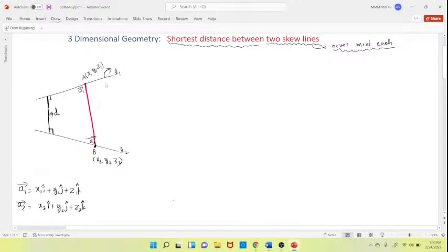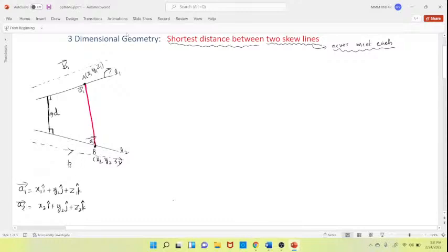We know from previous concepts the line passing through the point A and parallel to a line. So let us take one more line here, b1, which is a line parallel to the line L1, and consider one more line b2, which is parallel to the line L2.